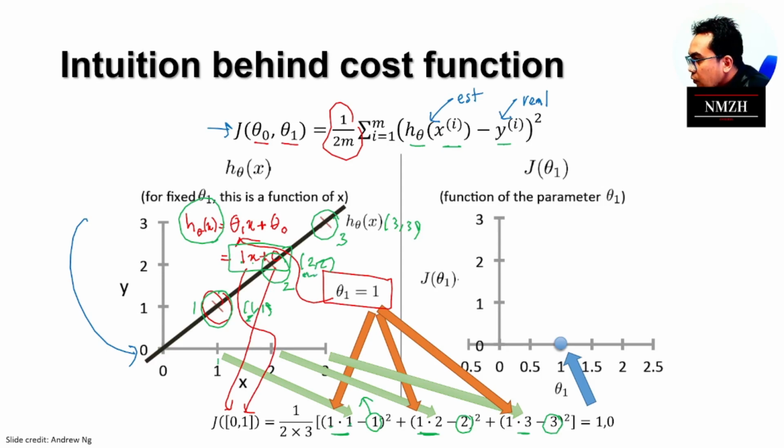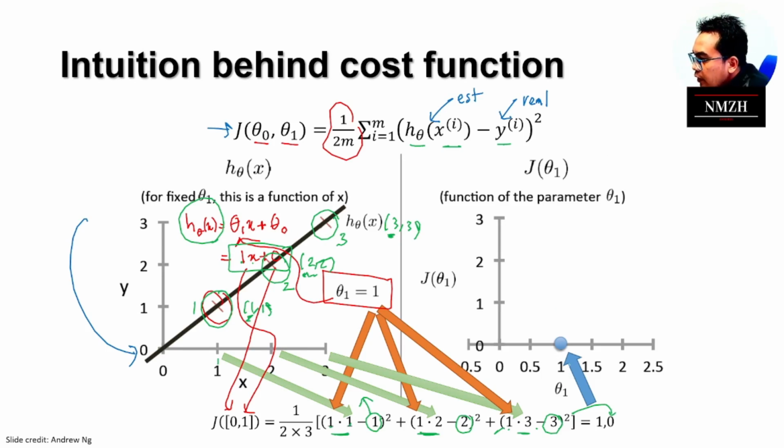Next one is 1 times x. What is x over here? 3. So then we sum it: 1 minus 1, 1 minus 2, 1 minus 3, so 1 times 1, 1 times 2, 1 times 3, and again minus, minus, minus. So we have 0. So the answer for this is basically 0, guys.